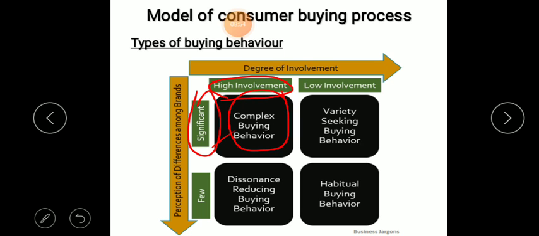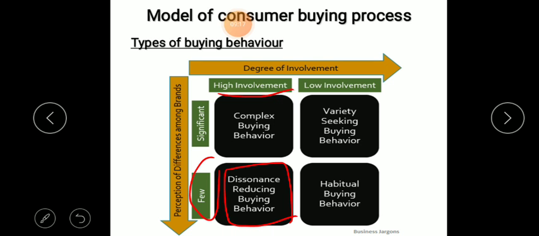Now suppose there is high involvement of the person, that is of the purchaser, and there are few differences in the brand. Then whatever you are purchasing, the purchase decision that you are going to follow, or the type of behavior that you are exhibiting, is dissonance reducing buying behavior.